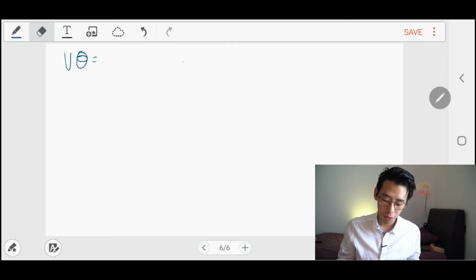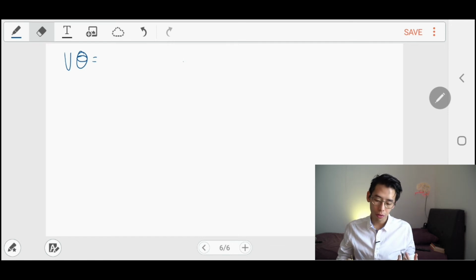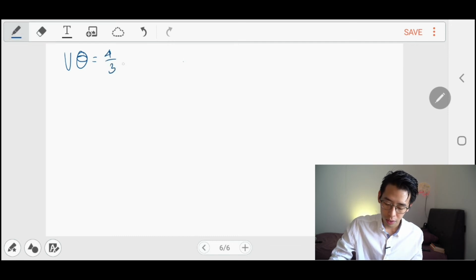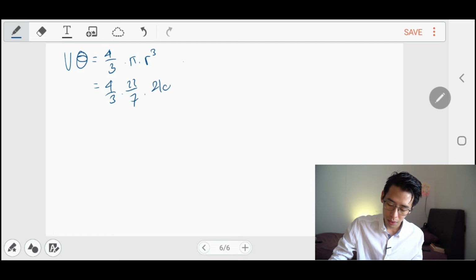Okay, so next we move on to how you calculate the volume of a sphere. Remember, the formula that I have provided to all of you is 4/3 times π times r cubed. So 4/3 times 22/7 times 21 centimeter, 21 centimeter, times 21 centimeter.